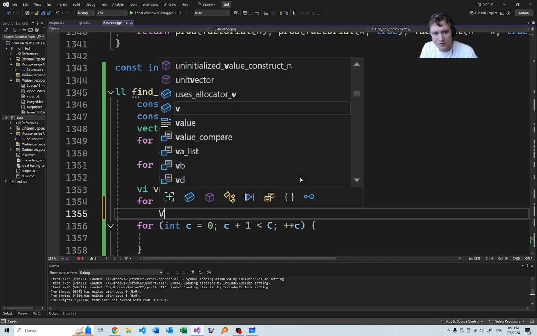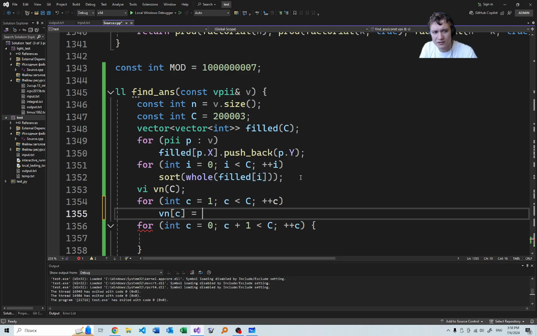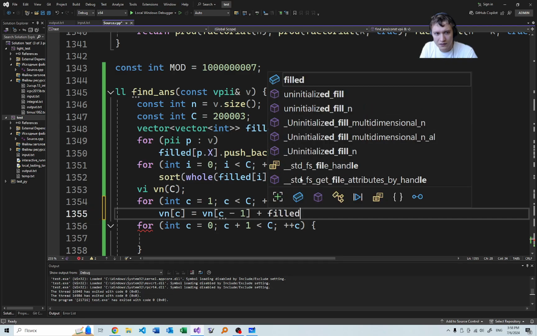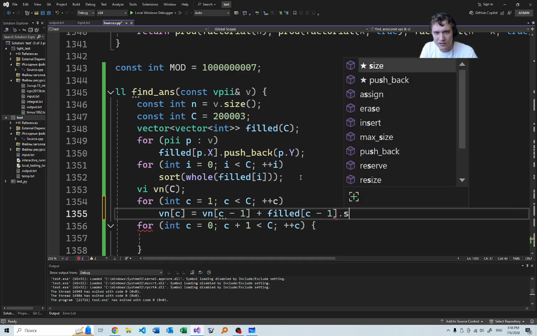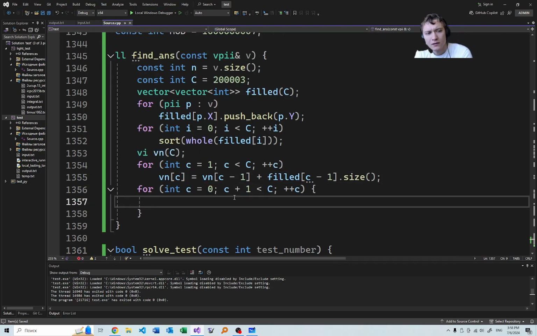So the vertex number in the cth column can be calculated as the vertex number in the c minus first column plus the number of vertices in the c minus first column, which is field c minus 1 dot size. Okay.